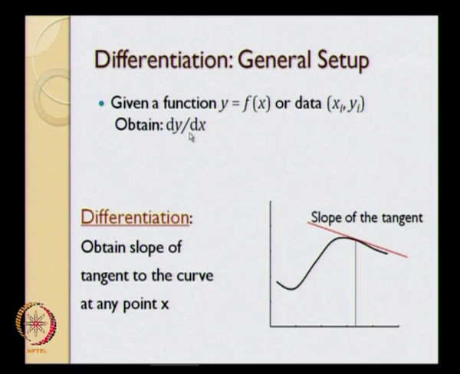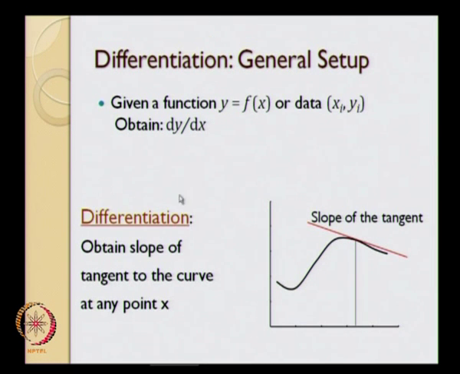What it means geometrically is that differentiation is nothing but obtaining the slope of the tangent to the curve at the desired point. So, this is the curve f of x and the slope of the tangent is just the numerical derivative.